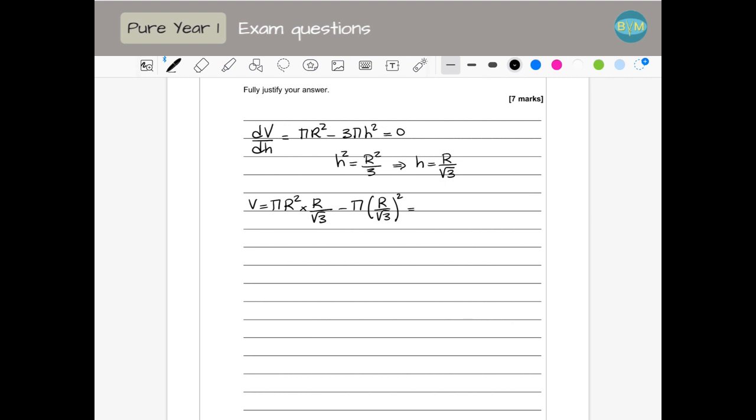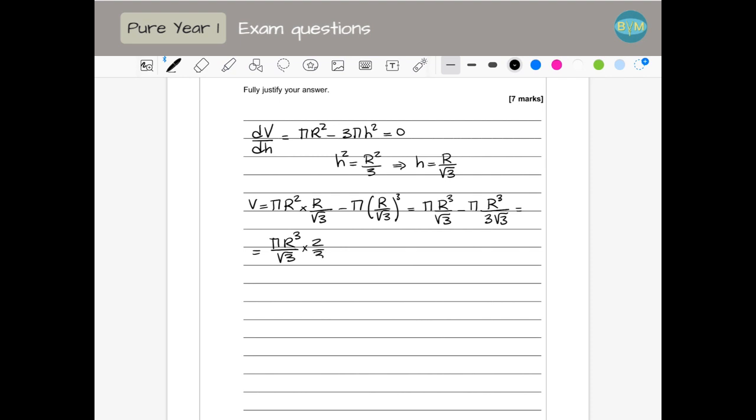And this is going to be pi R cubed divided by root 3 minus pi R cubed divided by 3 root 3, which is root 3 to the power of 3. This is going to be pi R cubed divided by root 3, and 1 minus 1/3 is 2/3, yeah?